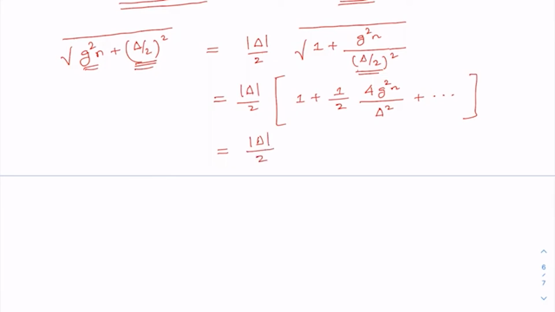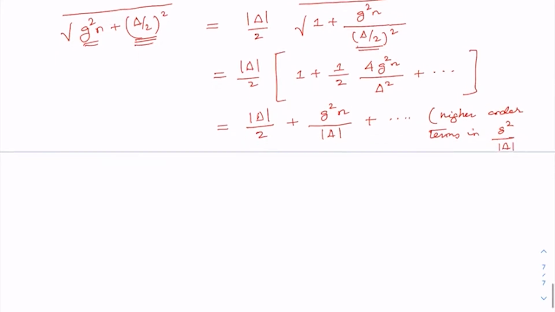Then the first term would be |Δ|/2 plus Ω²n by |Δ|, and then we have all the higher order terms in Ω²/Δ.